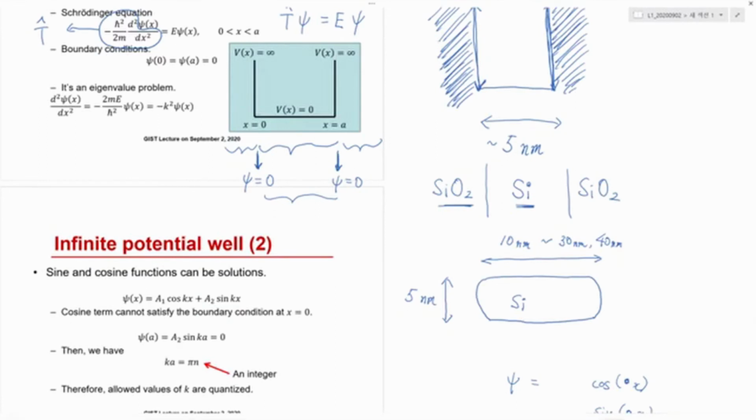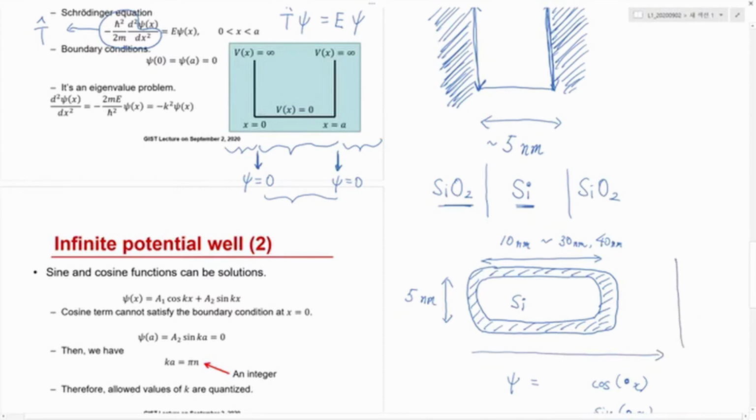So when we have this kind of shape and covered by an insulating layer, since the length scale along this direction is much larger than the length scale along this direction, quantum confinement along this longer direction can be safely neglected.